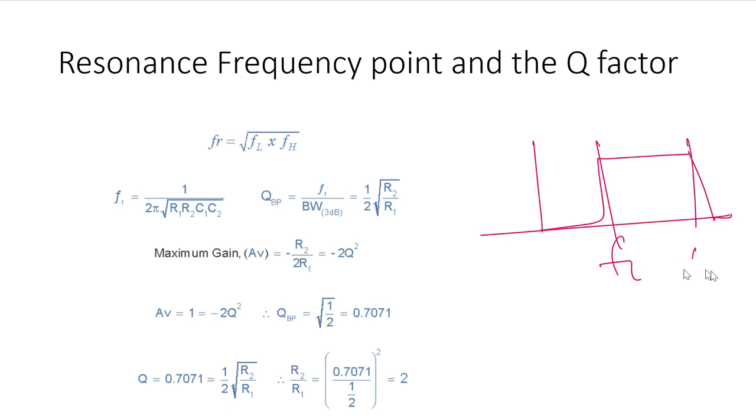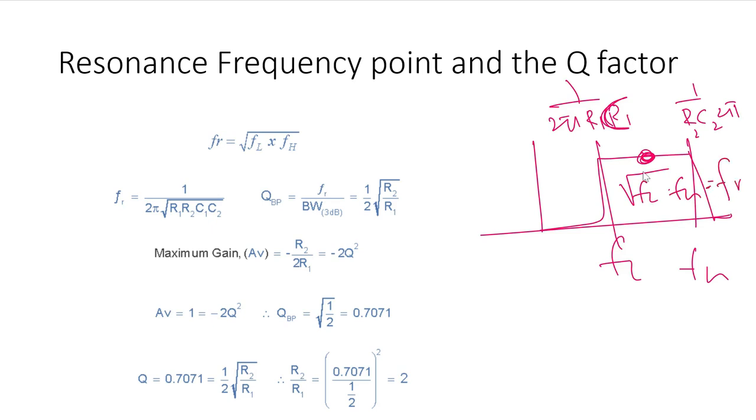F low is 1 over 2 pi R2 C2, and F high is 1 over 2 pi R1 C1. So these are two frequencies. If we find the geometric mean of these frequencies, it would be FL into FH under the root, and that gives us FR.